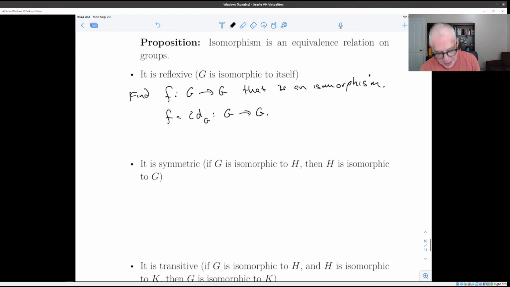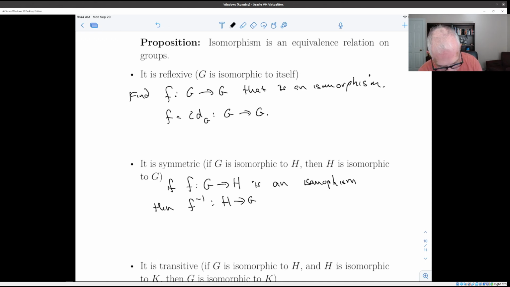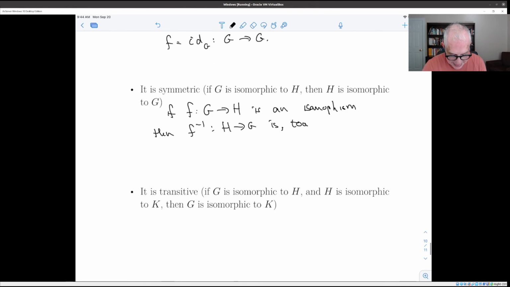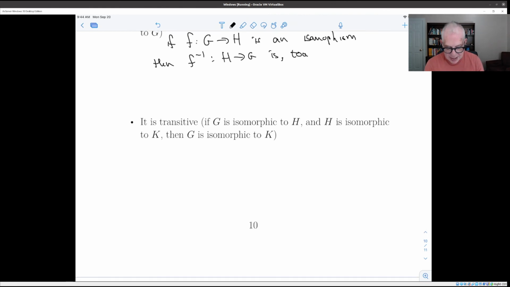We proved already that it's symmetric, because we proved that if F from G to H is an isomorphism, then F inverse from H to G is too. We already proved this. So we've shown that it's symmetric. So I guess we really just need to check the transitivity.